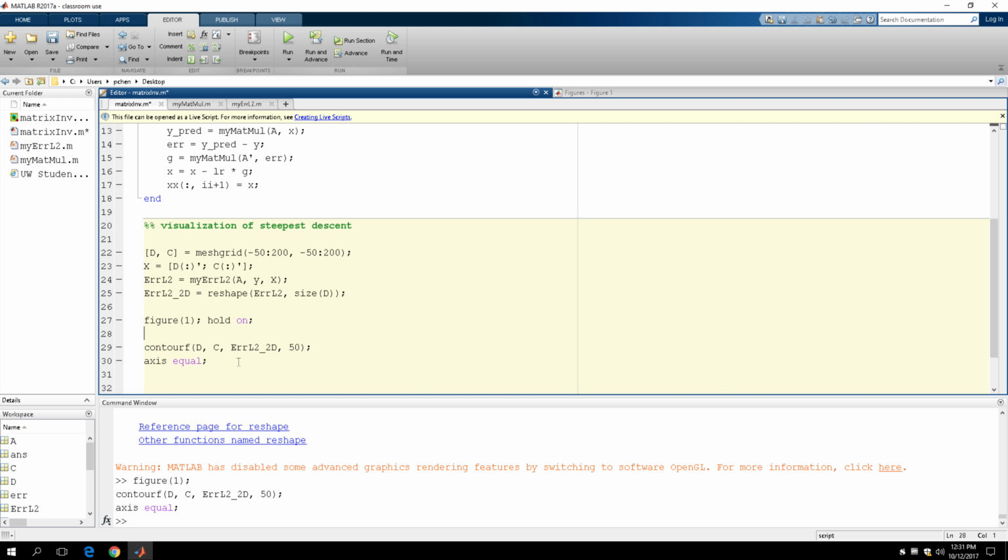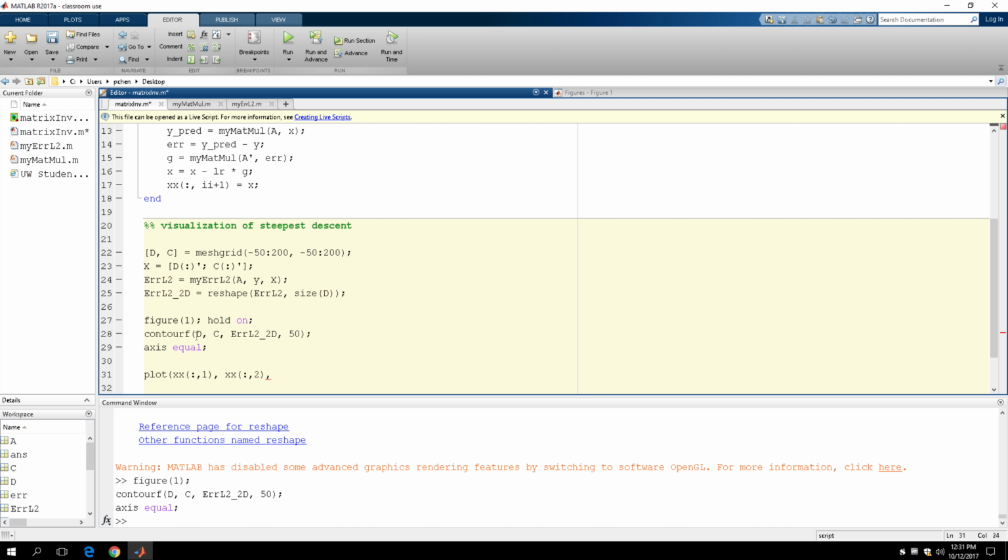Hold on means that after the contour plot is completed, when I plot the first row and the second row of xx, I want to plot this curve on top of the contour.